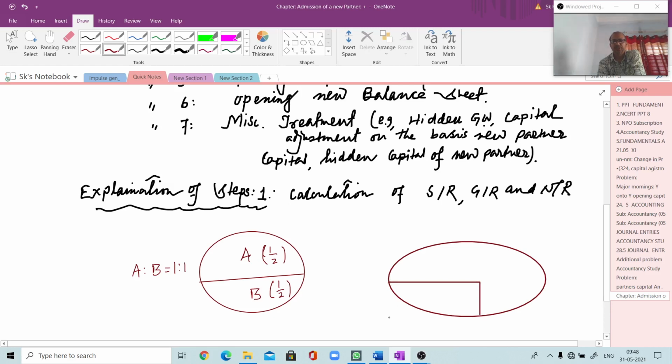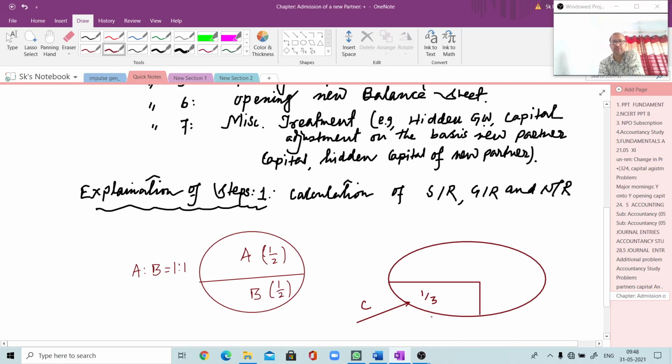C is a new partner who enters, and he acquires a 1/3 share from A and B. We know the total is always 1 out of 1, and first C will get 1/3.